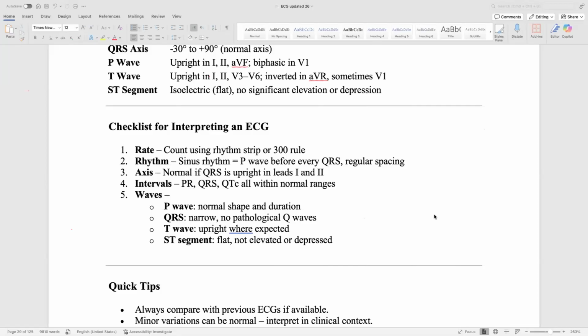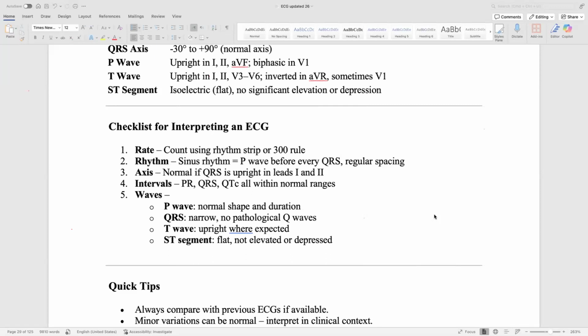But if you want a very easy way, the right axis and the left axis. Look at the heads of the QRS in leads 1 and 3.